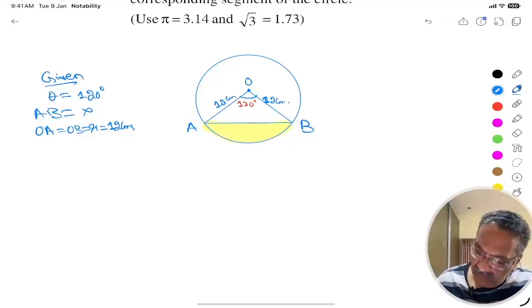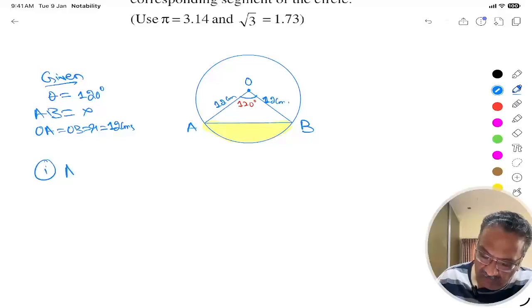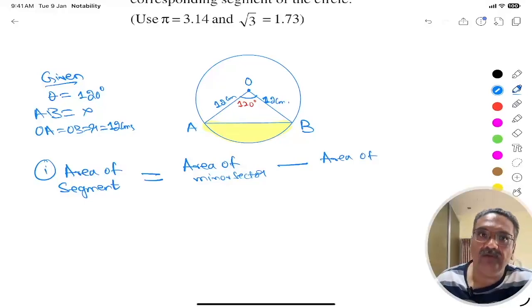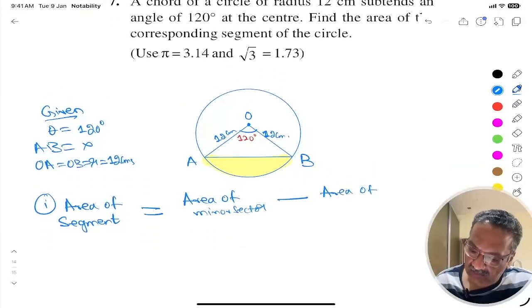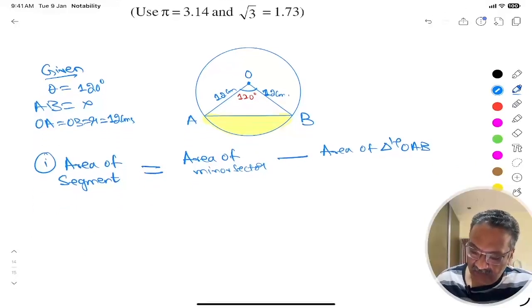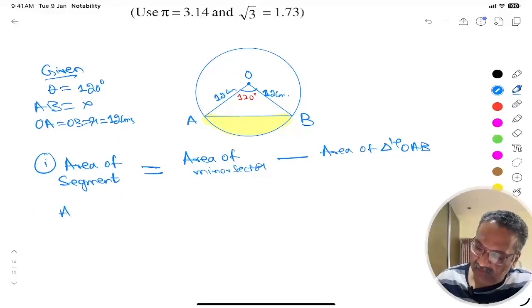So what is the area of segment? Area of the minor segment is equal to area of minor sector minus area of triangle OAB.